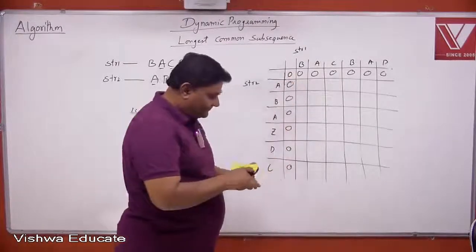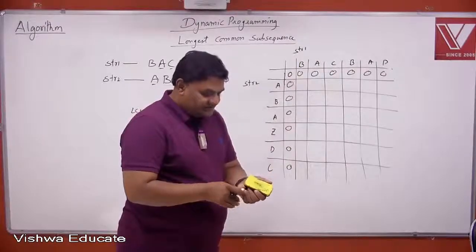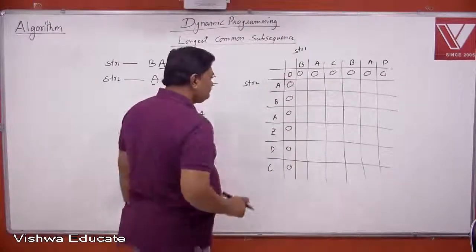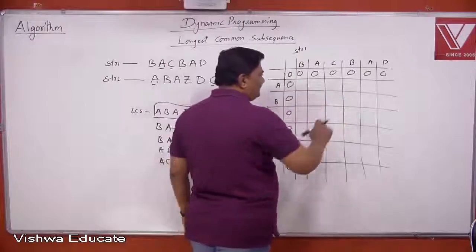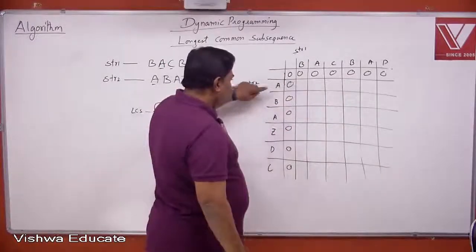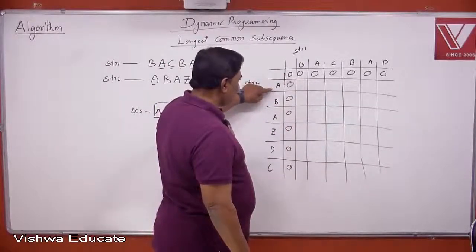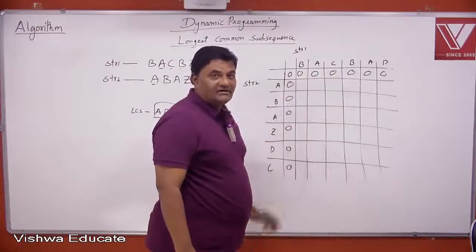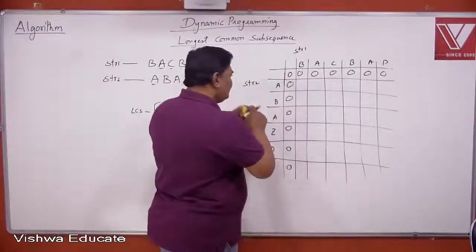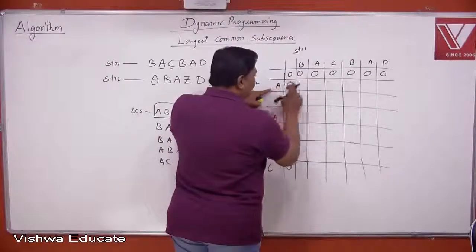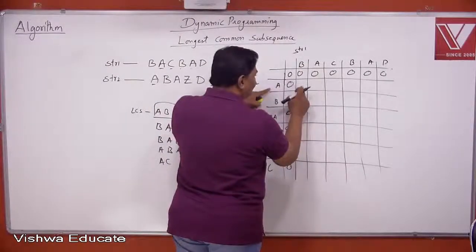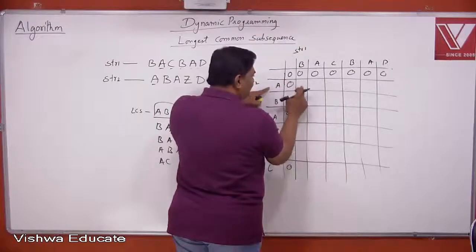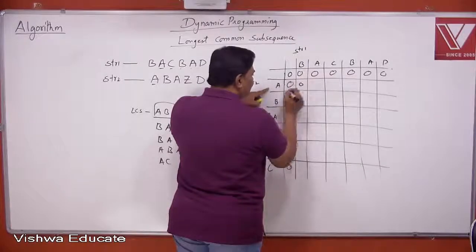Then let us see the procedure. Follow the row. Compare the first letter of the second string with the letters of the first string. See, A with B, they are not matching. When they are not matching, you take either this one or this one, whichever is maximum. Both are 0 only.